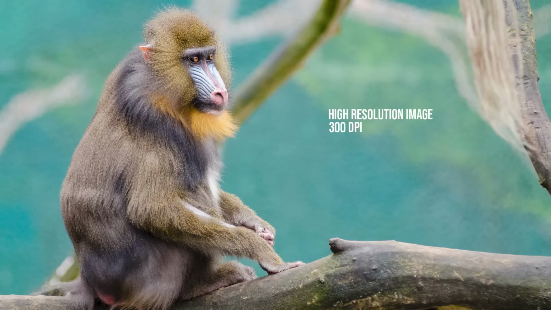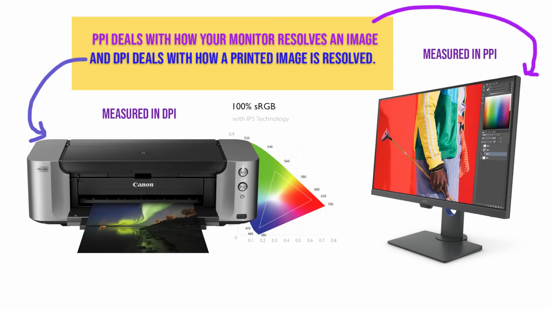So the first thing that you must understand is that the resolution on a monitor is very different than the resolution on a printer, okay? So therefore, the very short answer to this question is PPI deals with how your monitor resolves an image, and DPI deals with how a printed image is resolved, okay?